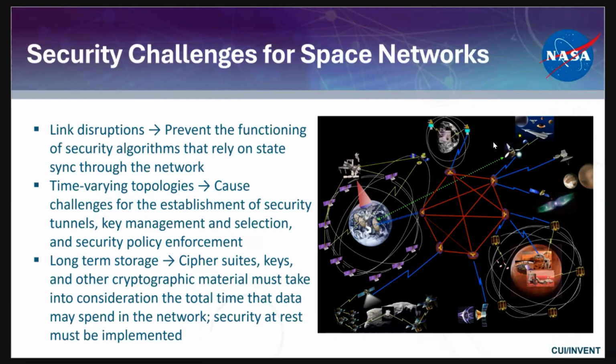In addition, each node needs to make storage, routing, and security decisions not only based on the current topology, but on the presumed future topology of the network, which causes challenges for the establishment of security tunnels, key management and selection, and security policy enforcement.